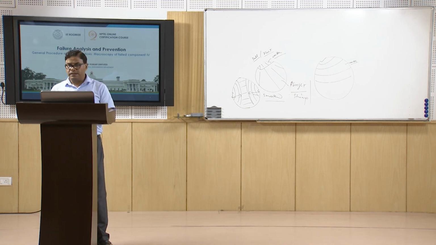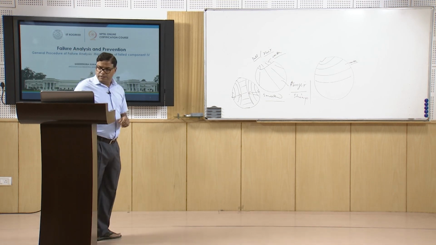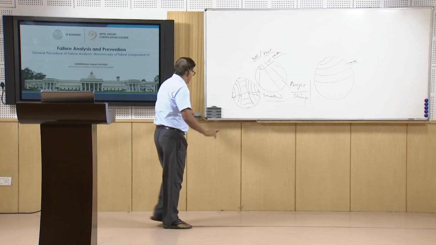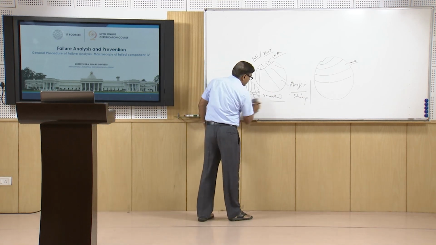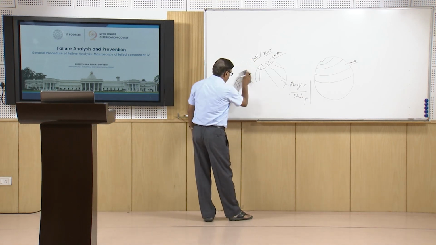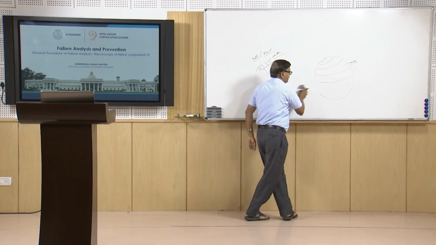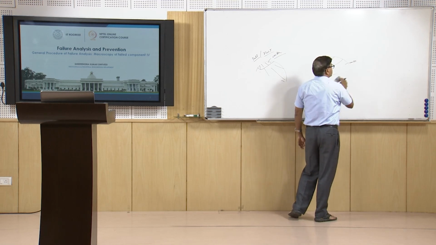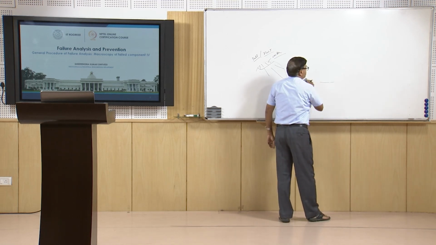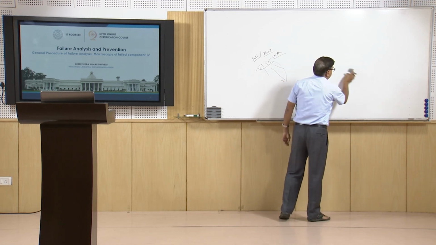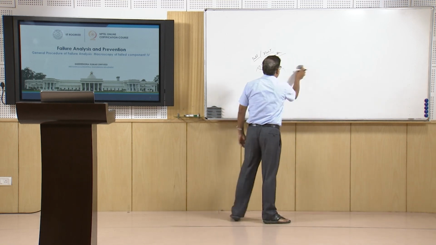Now, we will see the ductile to brittle transition temperature and how it affects the fracture surfaces. We know that with the change of the temperature of low carbon steel, there is a lot of change in the impact resistance, which is indicated through the Charpy or Izod test in terms of the energy absorbed.